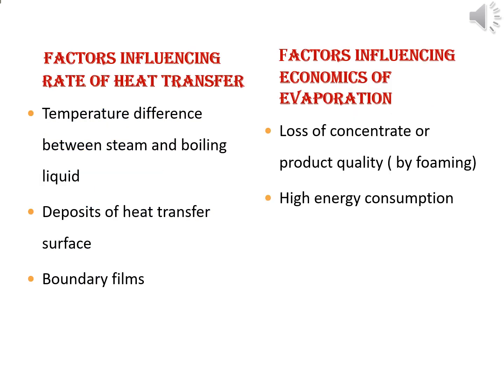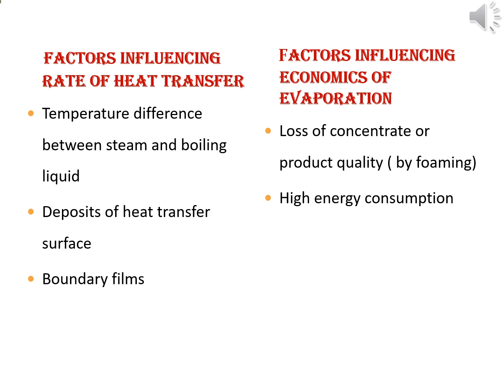The different factors influencing the rate of heat transfer are the temperature difference between steam and boiling liquid, deposits on the heat transfer surface, and boundary films formed inside the evaporator. The different factors influencing the economics of evaporation are the loss of concentrate or product quality by foaming.